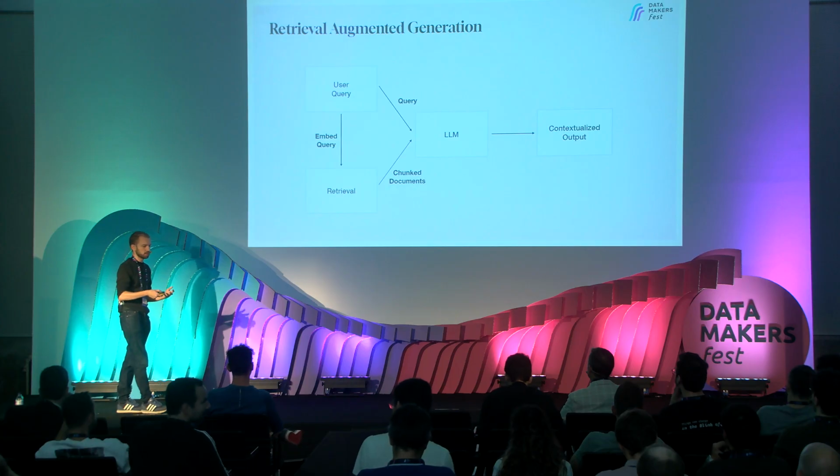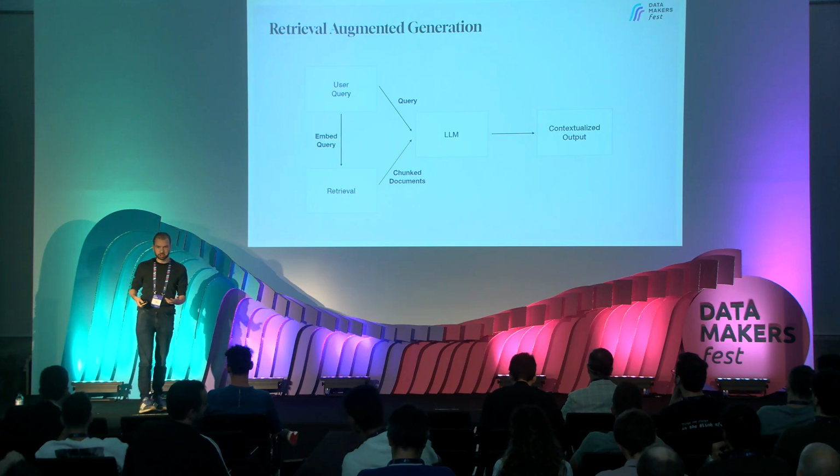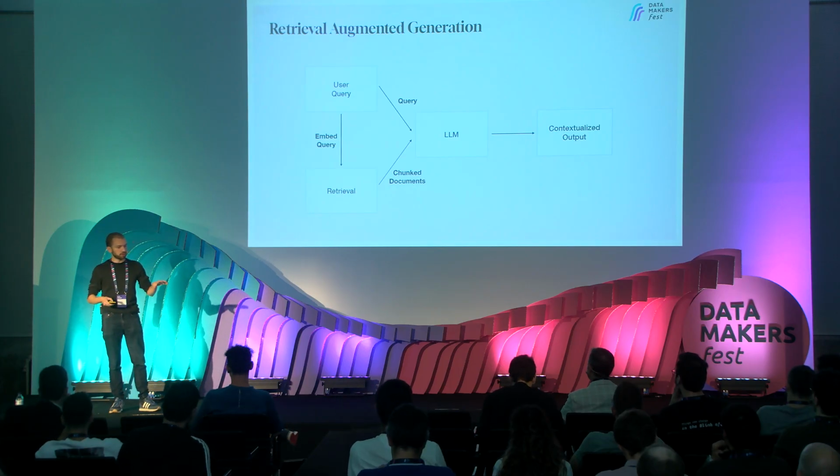So instead of using the internal knowledge of the large language model, we exploit the in-context learning of the prompt to have the LLM answer based on those retrieved documents or files.